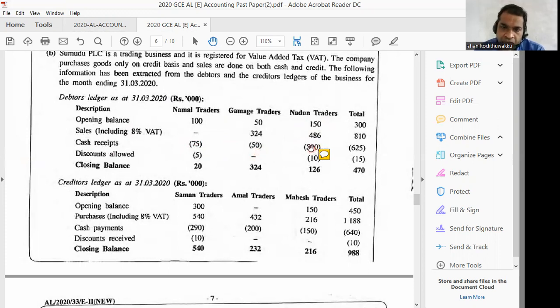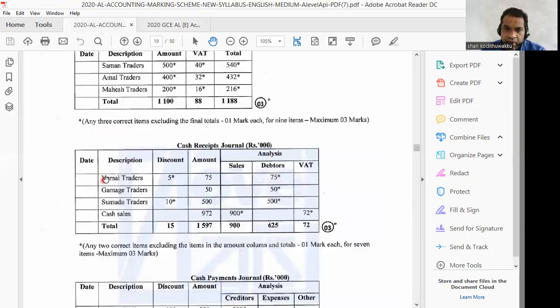Then in the cash receipt journal, you can mention what we have received from each customer. Under description, Normal Traders 75 in the amount column, Gamage Traders 50, Nadun Traders 500.